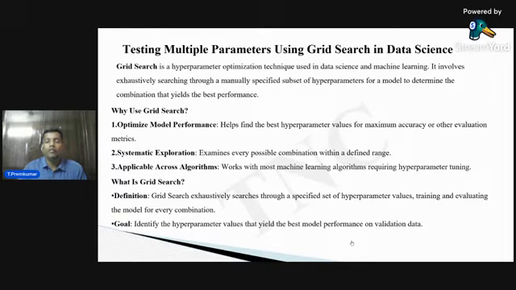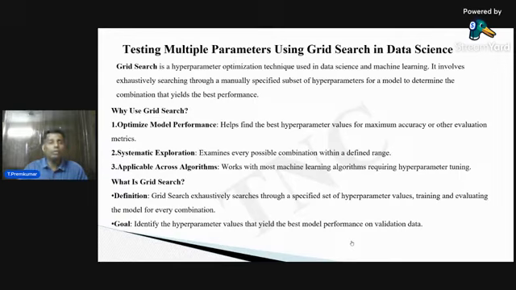It helps to find the best hyperparameter values for maximum accuracy. In systematic exploration, it gives you every possible combination within the defined ranges, and it is applicable across algorithms, as most machine learning algorithms require hyperparameter tuning.